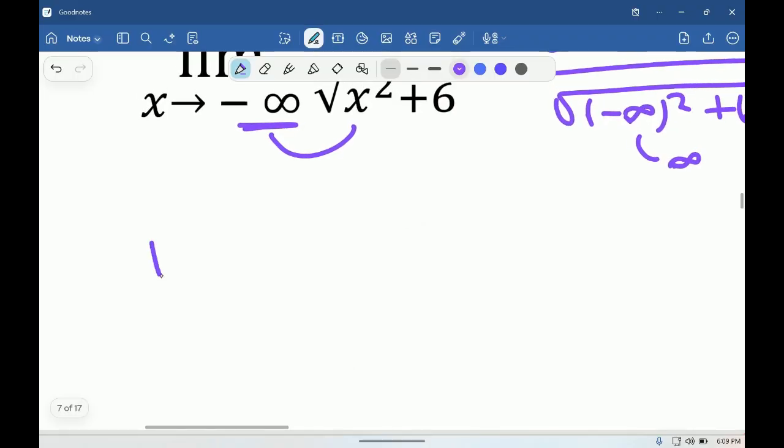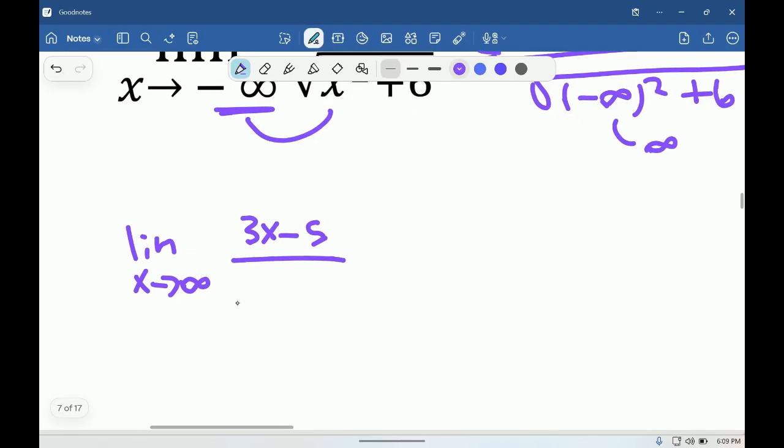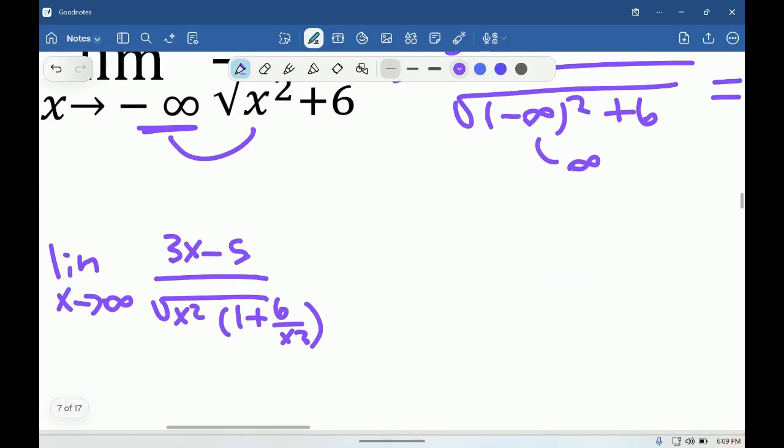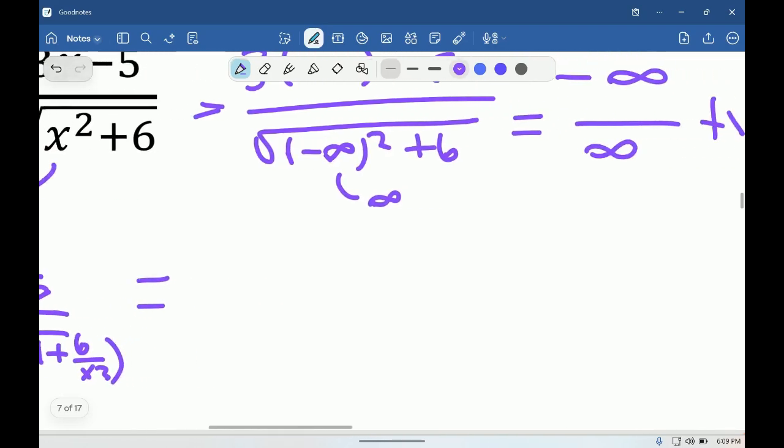To solve it, we're going to rewrite the denominator so that it's x squared times 1 plus 6 over x squared.